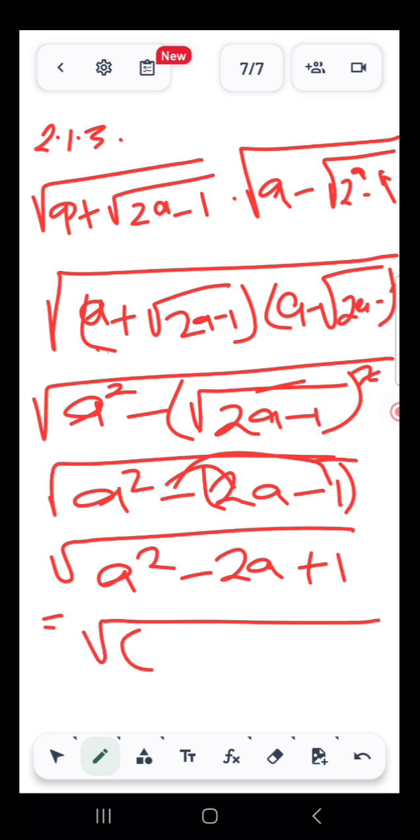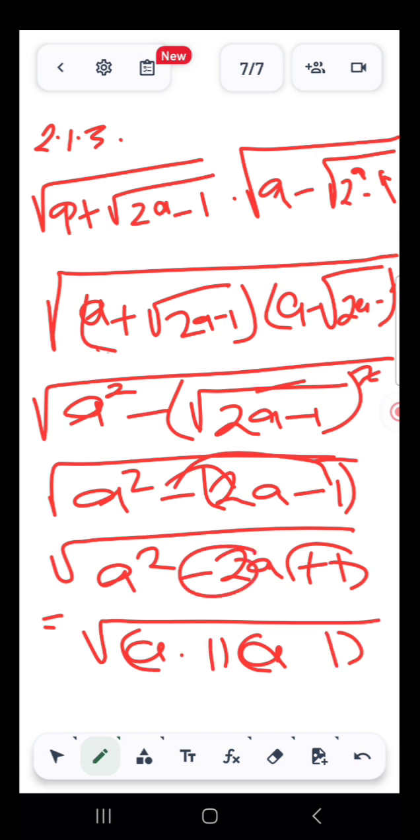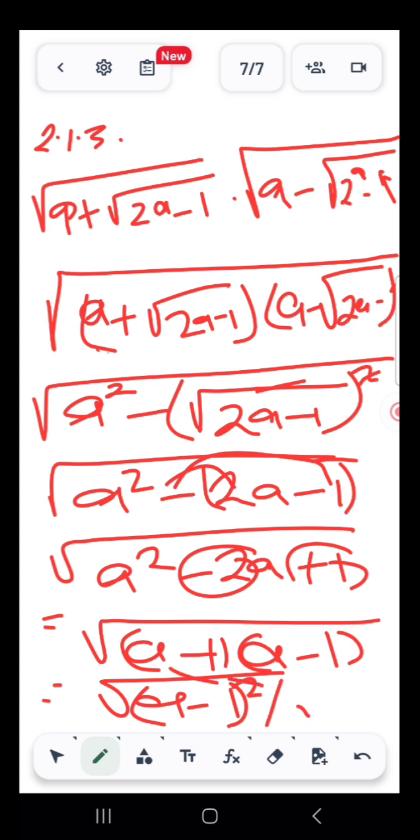So you can have a bracket a, and then a, and numbers that multiply to give 1 and add to give minus 2. So minus 1 and minus 1, and then this is a perfect square binomial. So it's a minus 1 all squared. The square and square root cancel, and then our final answer is a minus 1. That's how you solve this one.